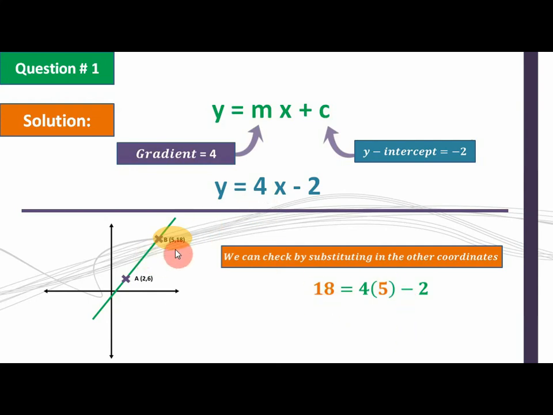Here the value of y is 18 and the value of x is 5, so it becomes 18. 5 2s are 10... 5 4s are 20, minus 2 is 18, so it is satisfied. So our equation is satisfied. It means that this equation represents this graph. On this line every point satisfies this equation, each point satisfies this equation.